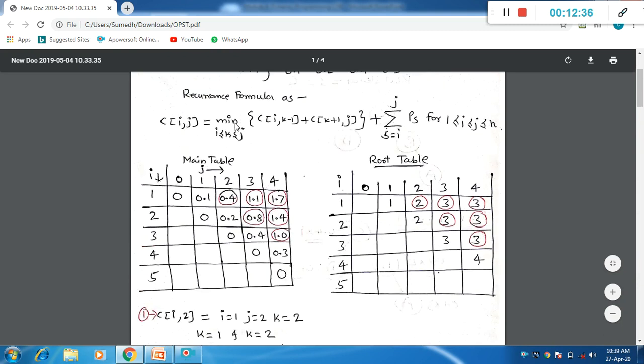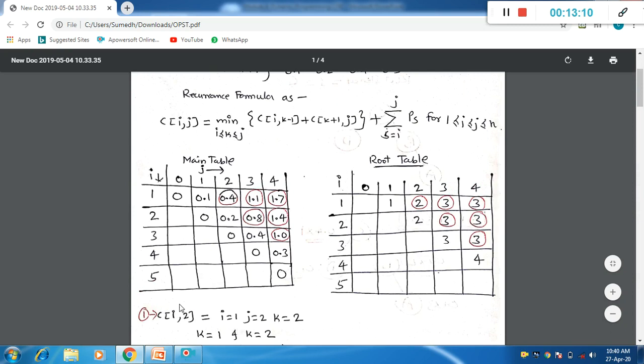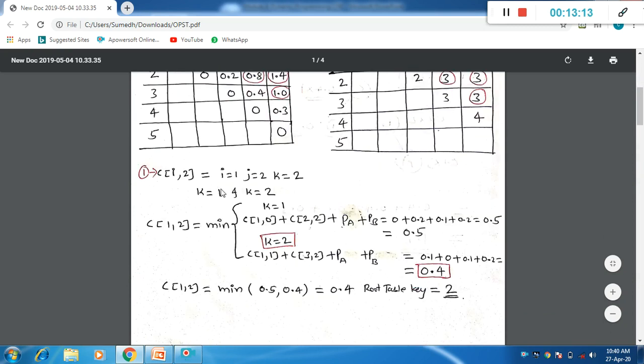From this formula, it's clear that C of I,J is equal to the minimum of C of I comma K minus 1 plus C of K plus 1 comma J plus the summation of the probabilities of keys from I to J, where K is greater than or equal to I and K is less than or equal to J. Since I is 1 and J is 2, the two possible K values are K is equal to 1 and K is equal to 2.